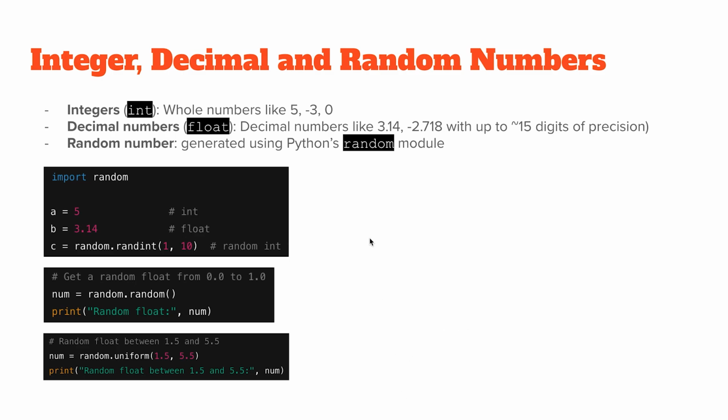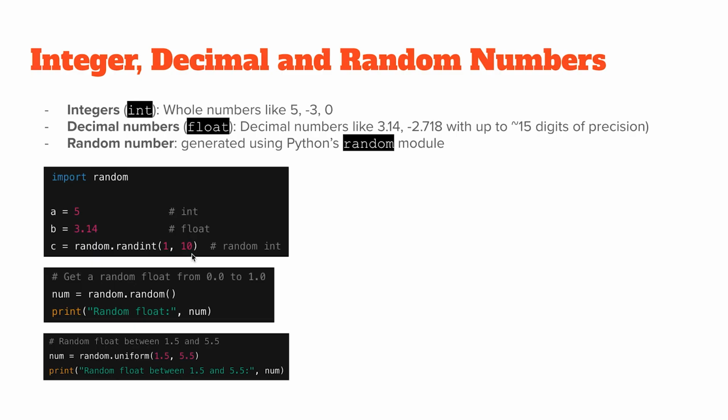So here are some examples of how we use random numbers. First, to generate random numbers, we need to import the module, import random. I'm sharing three examples of how we can use random numbers. First, random.randint(1, 10).